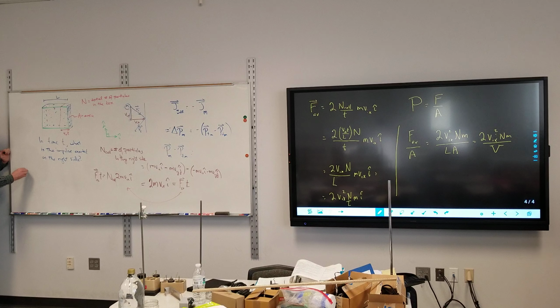I know that v, the actual velocity, is going to be v_x i hat plus v_y j hat plus v_z k hat. If I just square both sides, I do a dot product with itself, I end up with speed squared is equal to v_x squared plus v_y squared plus v_z squared.